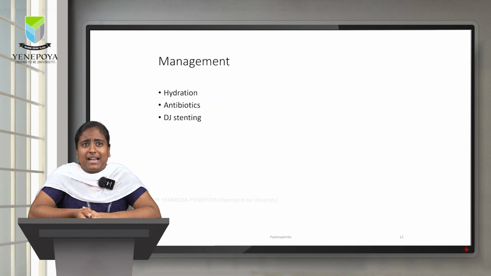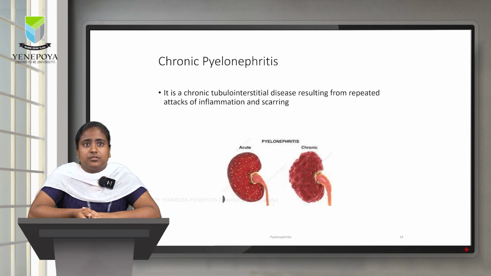So what is the management? Hydration, antibiotics and surgical intervention, that is DJ stenting, double J stenting. So what are the complications? The first one is papillary necrosis, pyelonephrosis and perinephric abscess. So what is chronic pyelonephritis?